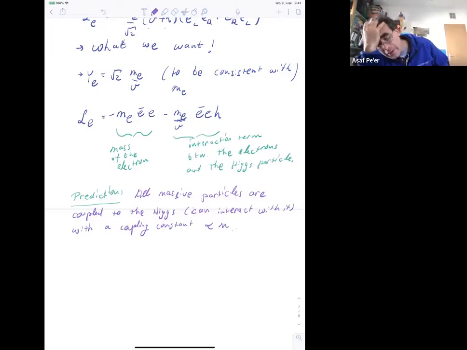Now, the way I formulated it, this mechanism does not give any masses to the neutrinos. Of course, not a coincidence. This is by construction. I did it in such a way that the non-zero expectation value of the vacuum occurs only in the lower part of the doublet, not in the upper one.